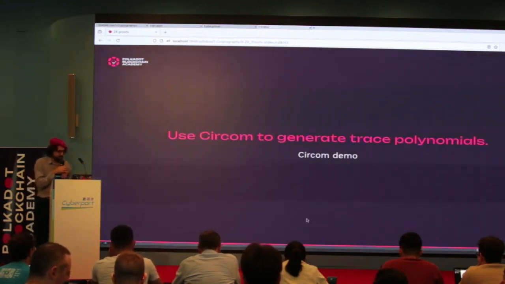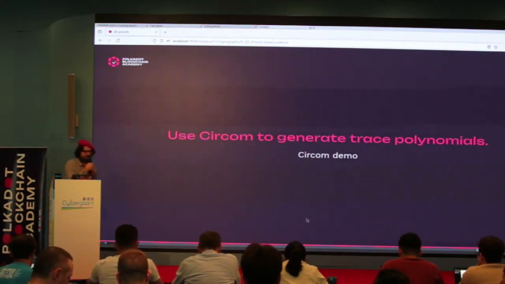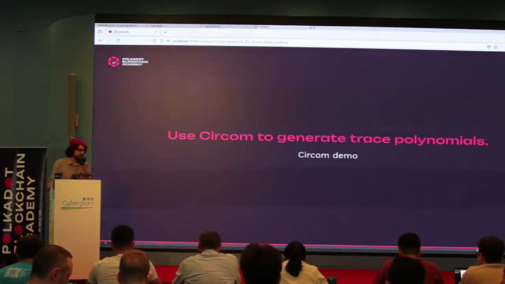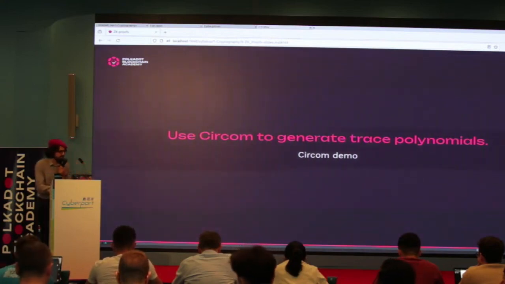Okay, so I'm going to generate a trace polynomial using Circom. I wrote my circuit as you saw, and I'm going to compile it to get the trace polynomial.